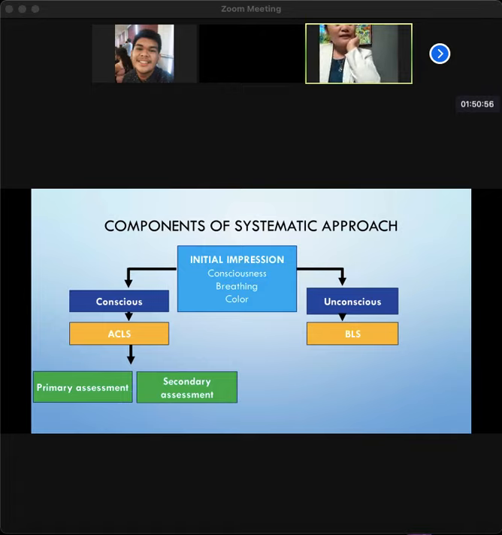Naintindihan ba? Naintindihan, class? Maliwanag ba? Yes po. Okay, medyo maliwanag. What is the drug of choice of your VTAC with pulse? Sino ba?